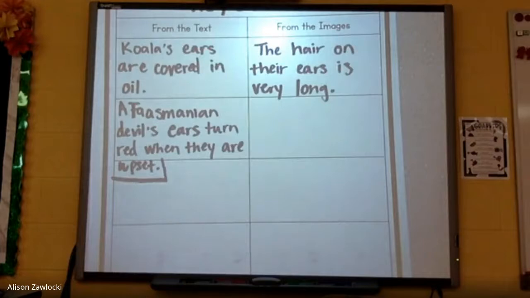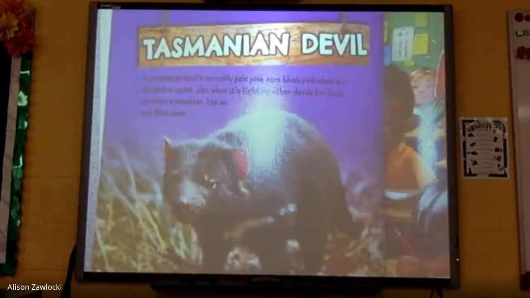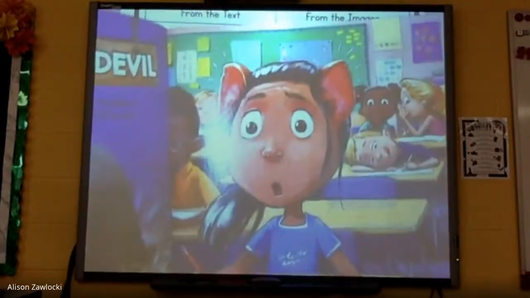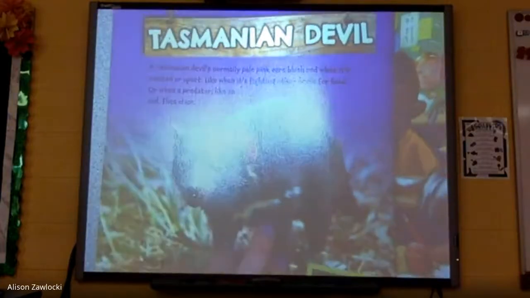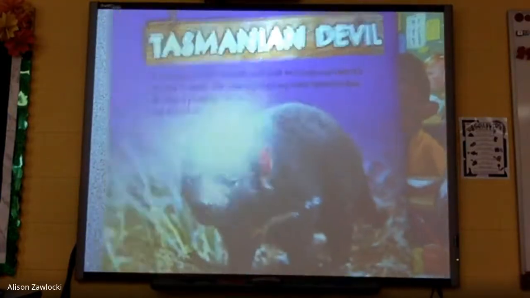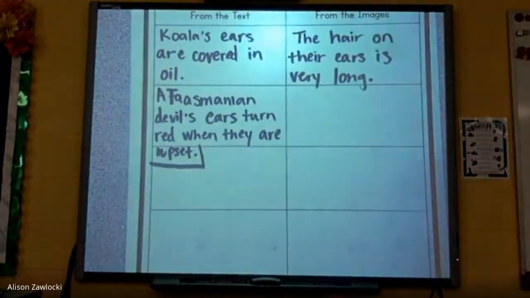Here is another thing that I learned about Tasmanian devils, about a key detail by just looking at the pictures. What can I learn by just looking at the illustration or at the picture? Oops, it's a glare there. Here we go. What's the shape of them?